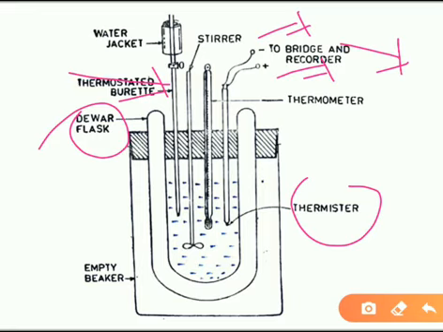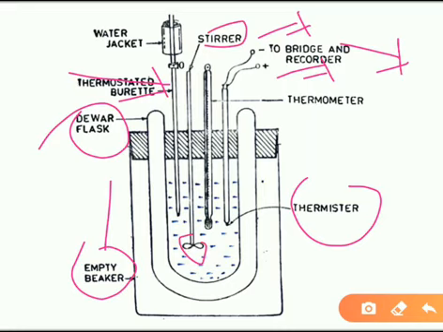In addition to that, we need to keep this setup in the empty beaker. We kept all this setup in the empty beaker, and we have the stirrer. During the reaction we need to use the stirrer, and we need to add the titrant.